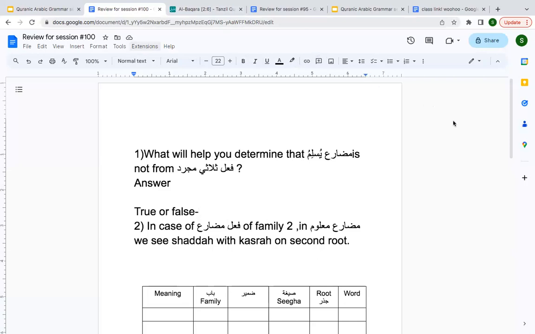Yes, barakallahu fi. So, in summary, if you see a dhamma on the mudari that is ma'loom at the beginning, you will get an idea that probably this is from mazid fihi, because in case of aslama you don't see hamza, which is additional, right?